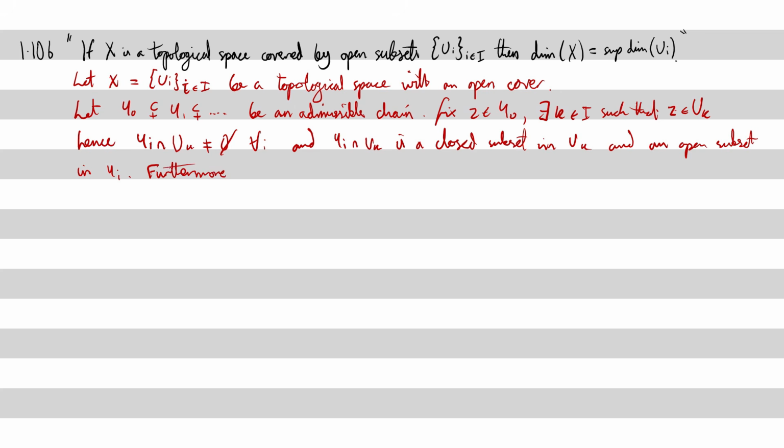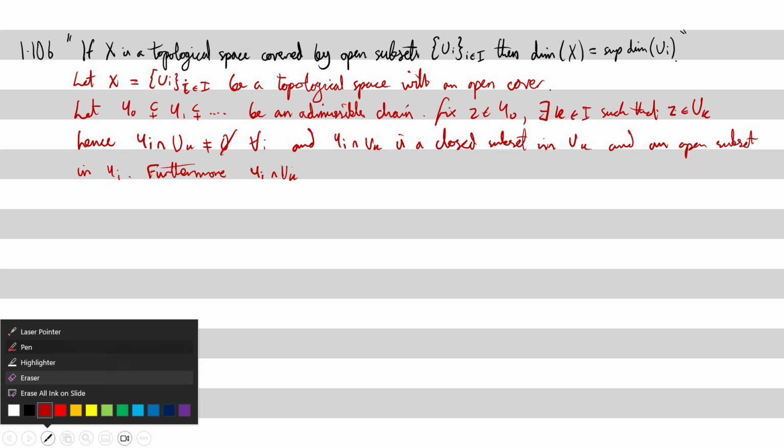Furthermore, yi intersect UK, okay, the closure, it is dense in yi. It is irreducible and dense in yi.